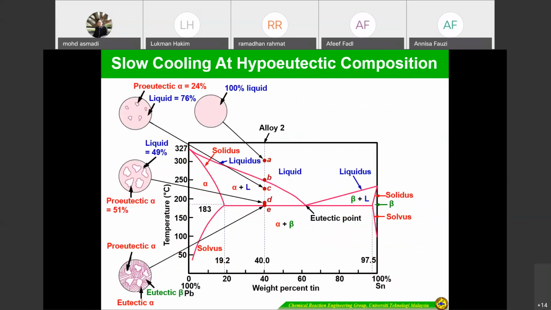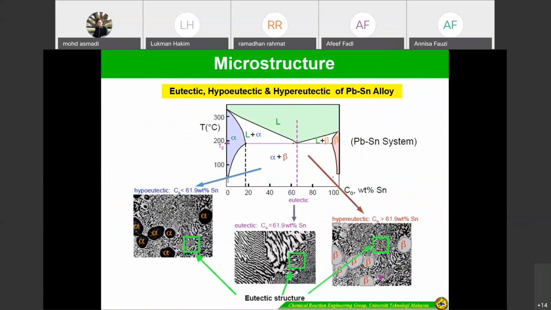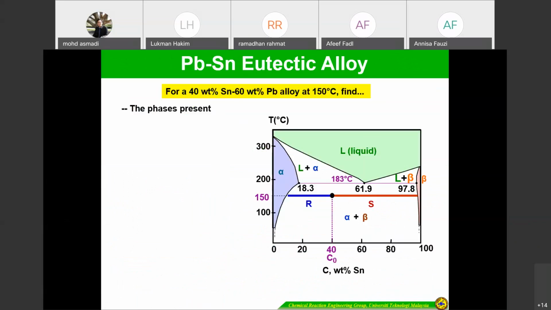This one is how to draw the proeutectic alpha, proeutectic beta, and the microstructure development. This is from, I'm not sure, SEM or TEM analysis.